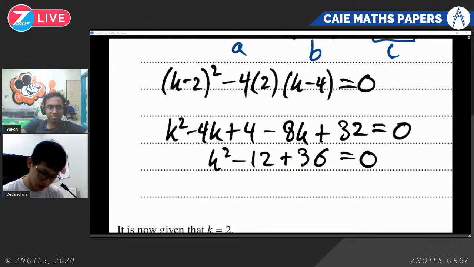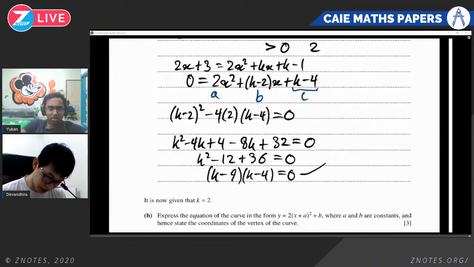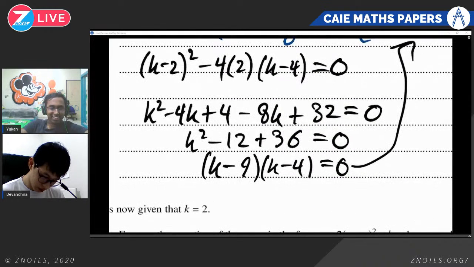I can factorize this in my head. k minus 9 and k minus 4 is equal to 0. No, that's not how you factor it. Try and expand it and see what you get. You won't get the same thing.